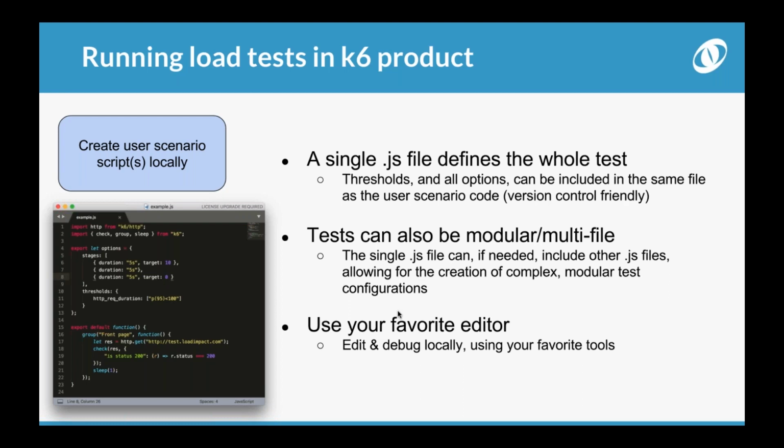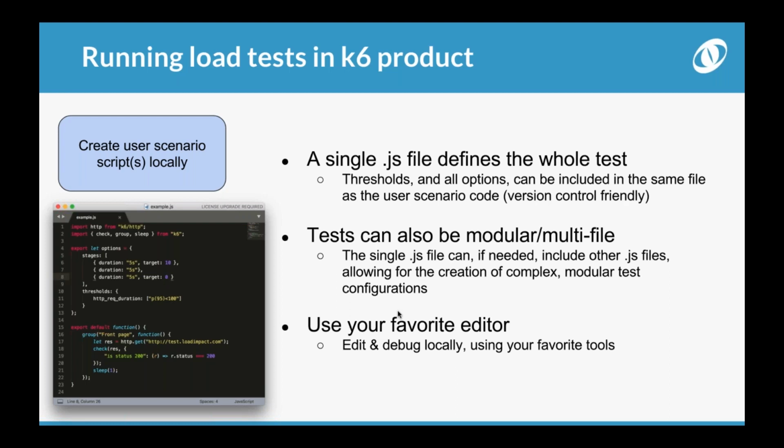And given that K6 scripting is done in ES6 JavaScript, we also get the second big difference from the Lua-based product, which is modular test cases, that you can split up your test cases into several different JavaScript files, and then reuse those files across different, more complex test cases.